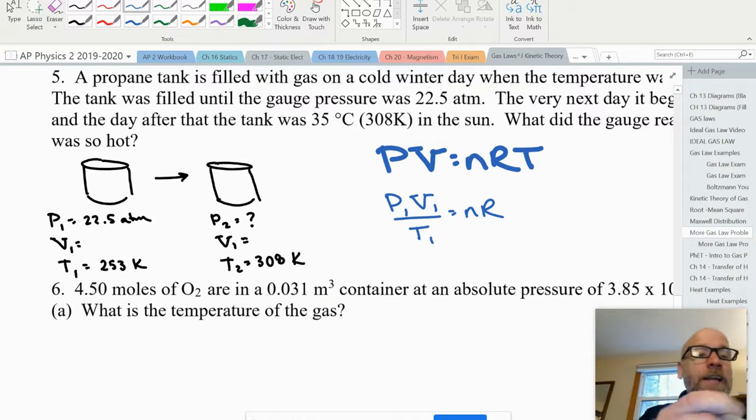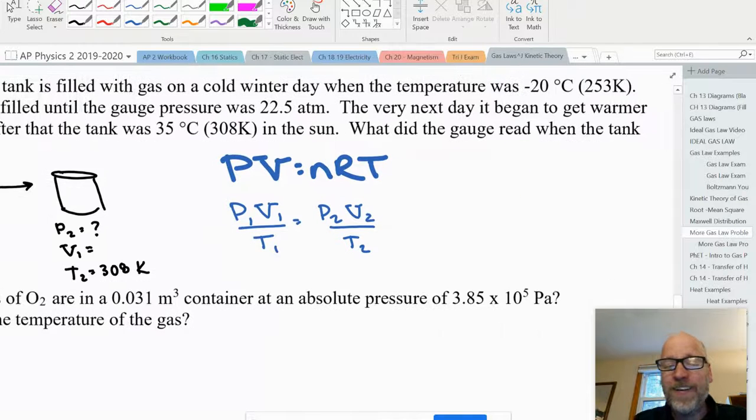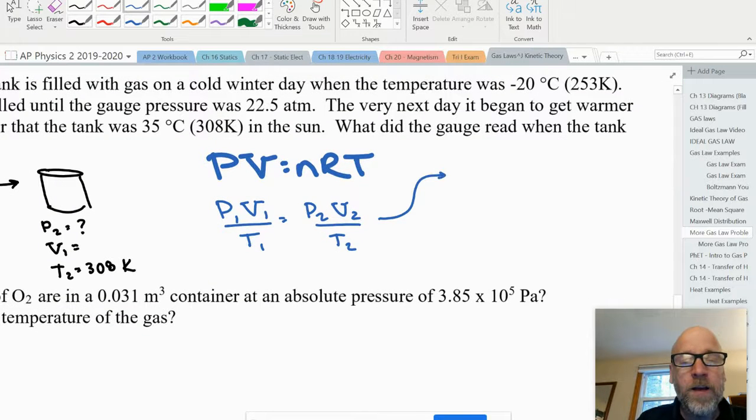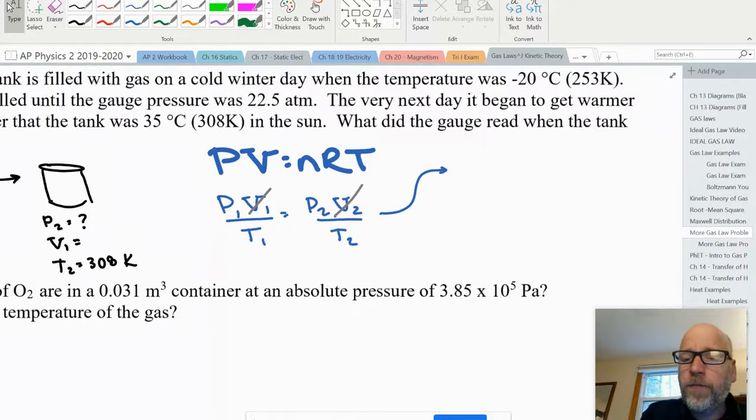And since n and R are not changing, that's going to be equal to P2V2 over T2. I just heard you guys say, oh, right. I get it. Now, since the volumes are the same, those cancel out. And you know what? I'm just going to solve this for P2.